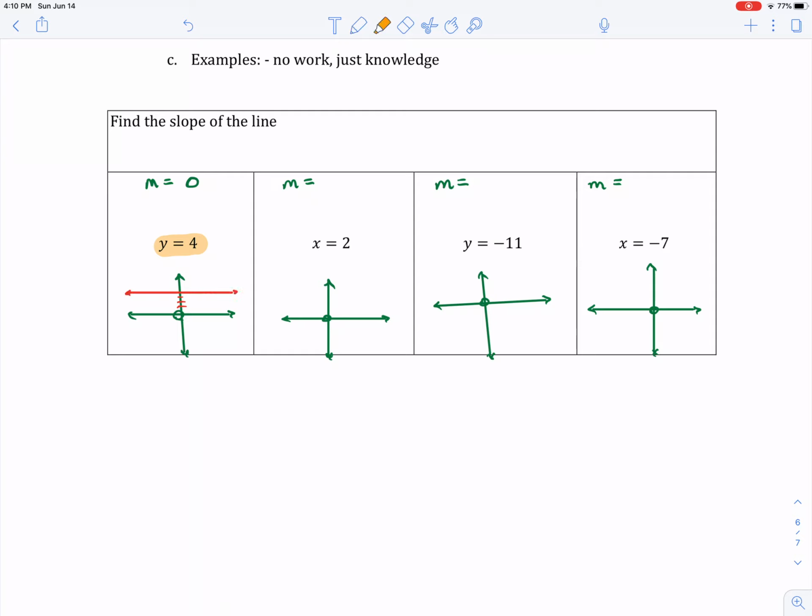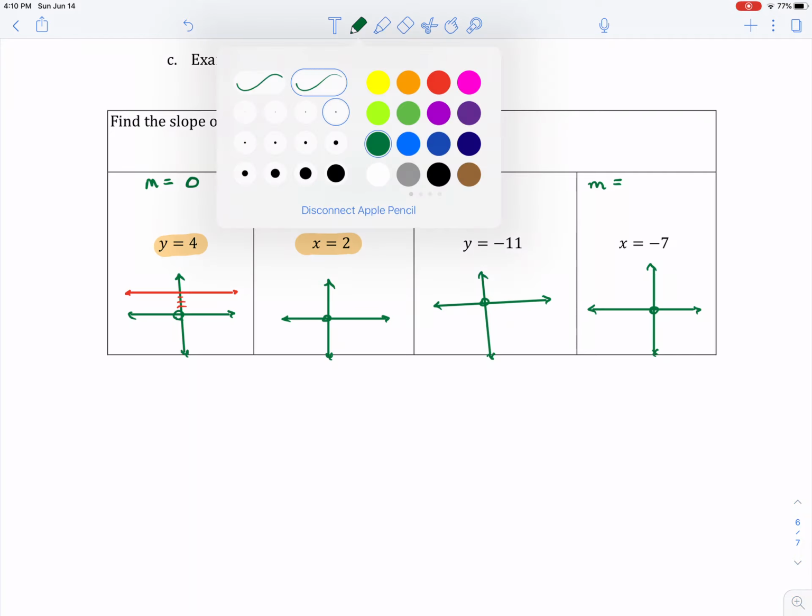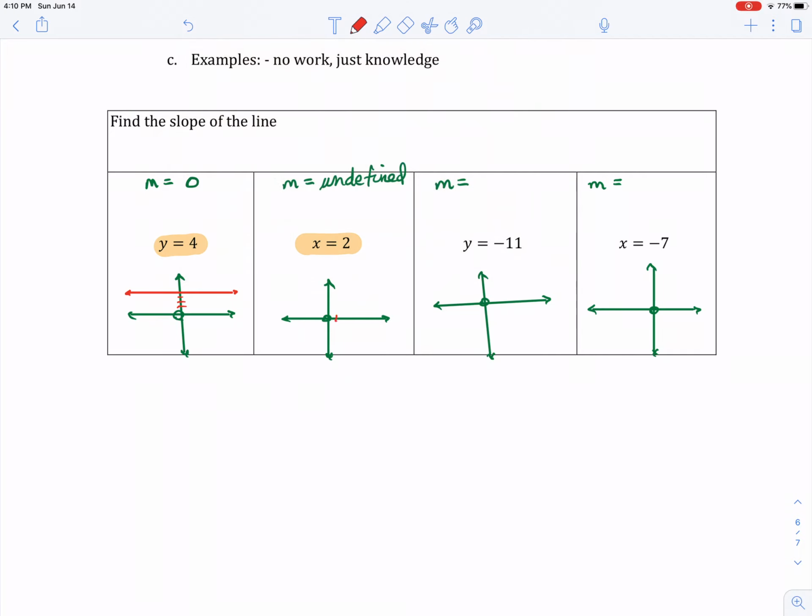So again, you want to be able to do all these things very quickly in your mind. If it only has the variable x, no y variable, you know that the slope is undefined. Again, memorize this. And you know that the line is going to be a vertical line.